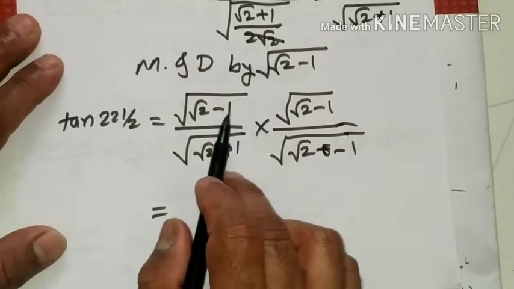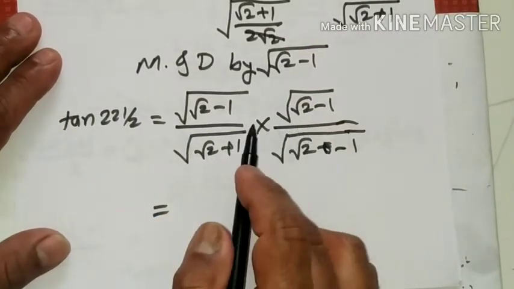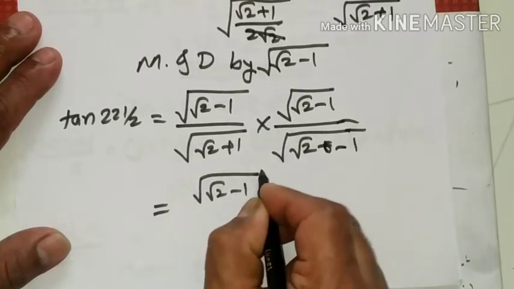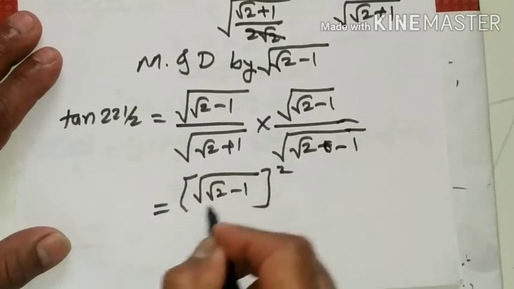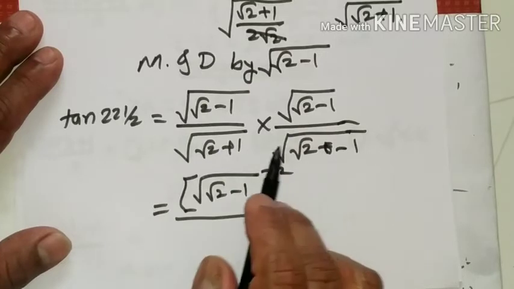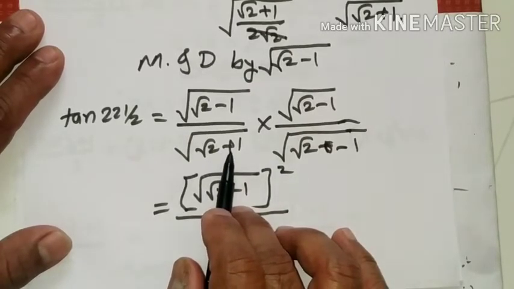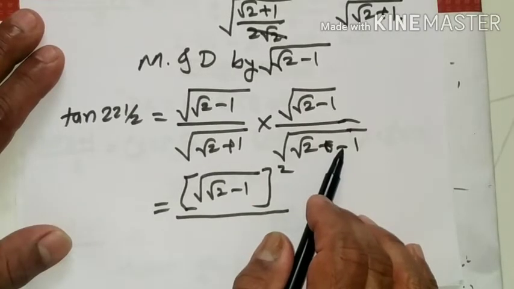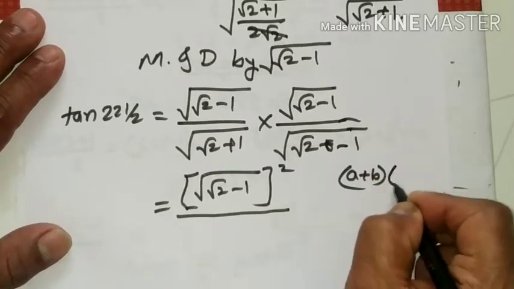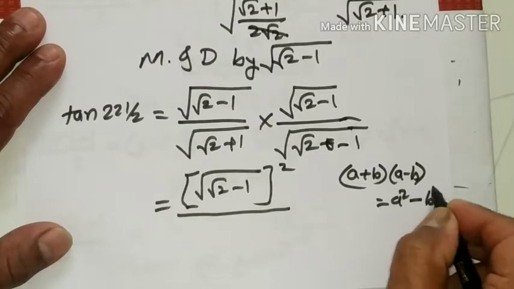Numerator terms have same value, therefore root 2 minus 1 bracket square, and in the denominator one term is having plus sign and another term having negative sign. Using formula a plus b, a minus b is equals to a square minus b square.